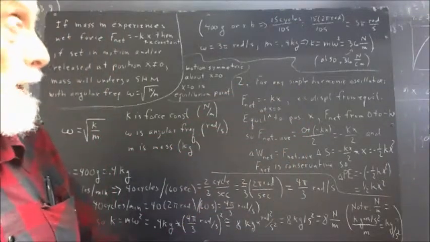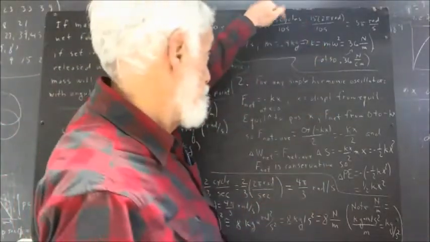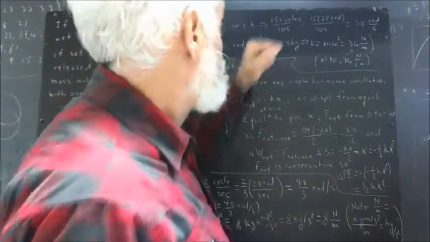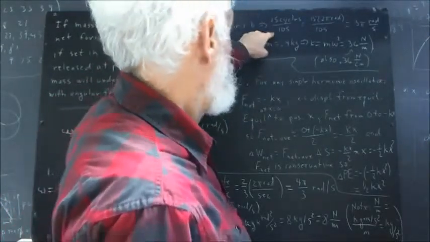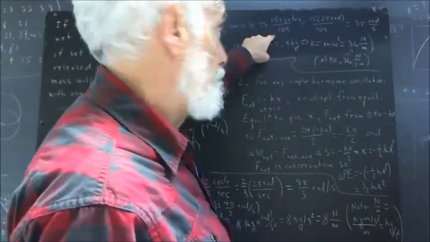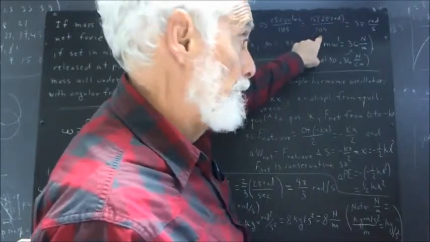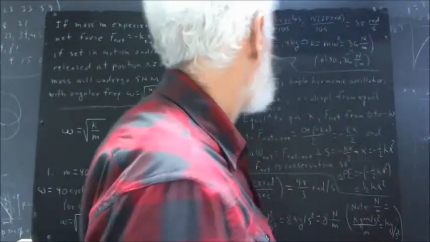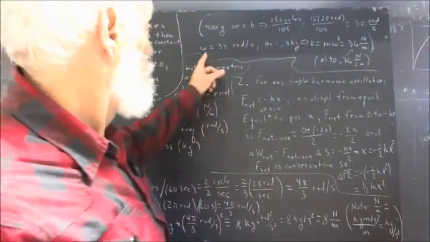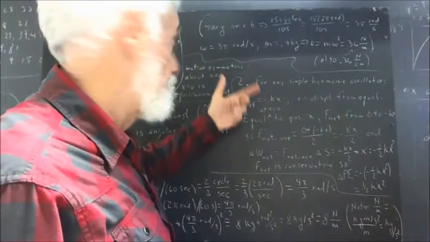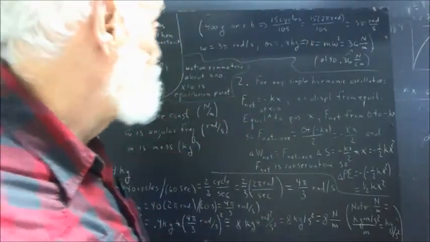It's a little faster than that to get 15 cycles in 10 seconds. Well, 15 cycles in 10 seconds is 15 times 2 pi radians divided by 10 seconds, which is 3 pi radians per second. So that omega, our angular frequency, is 3 pi radians per second for that oscillation.